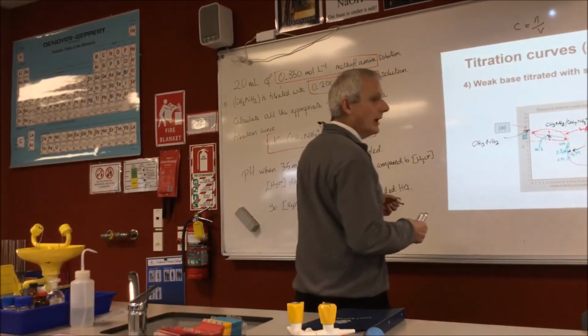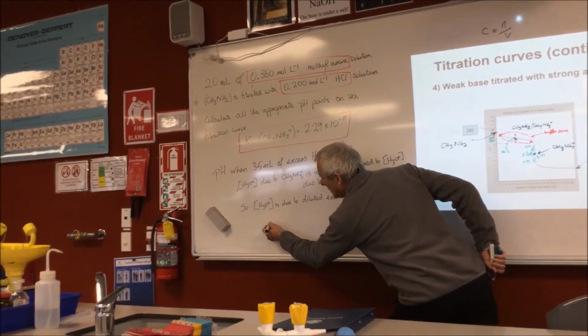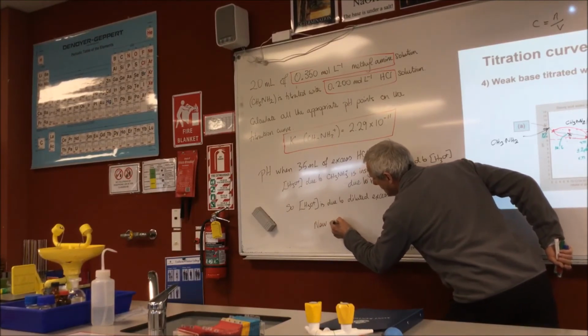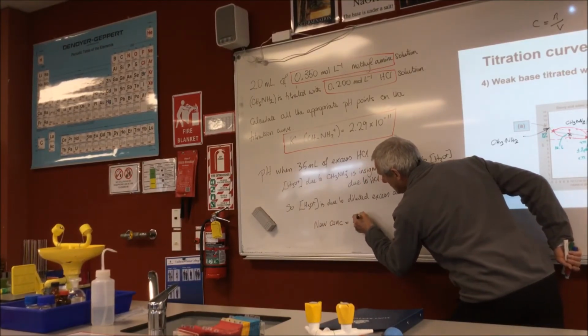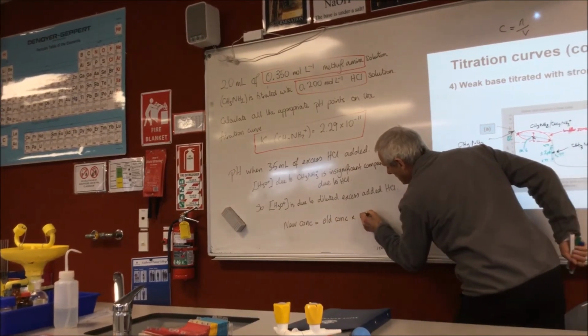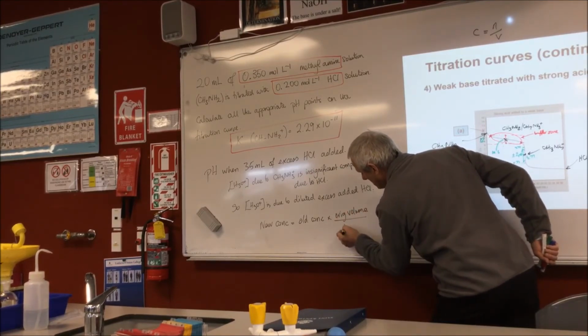That's what we can use to calculate our pH. So we need our dilution effect calculation. So new concentration is equal to the old concentration times the original volume over the total volume.